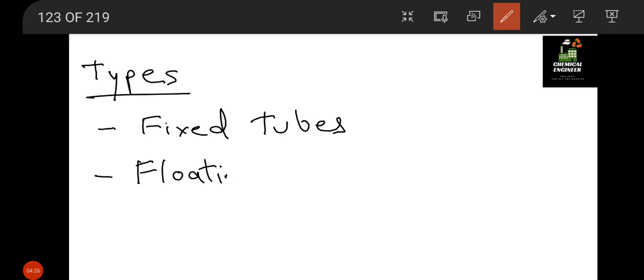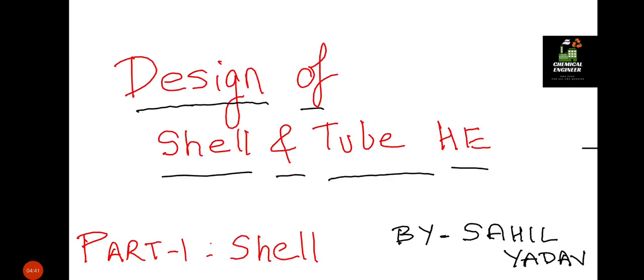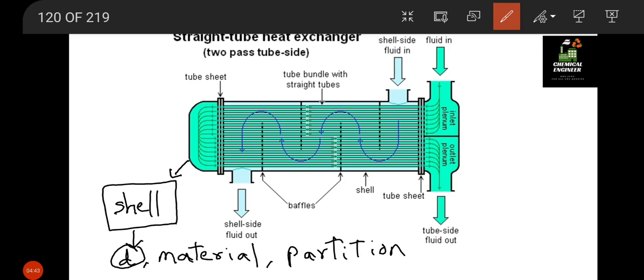Second is the floating tube. Don't worry, the difference is that tubes are fixed or tubes are floating, as the name suggests. So here we have tubes. You can see these all are tubes, they are going in and coming out from here.